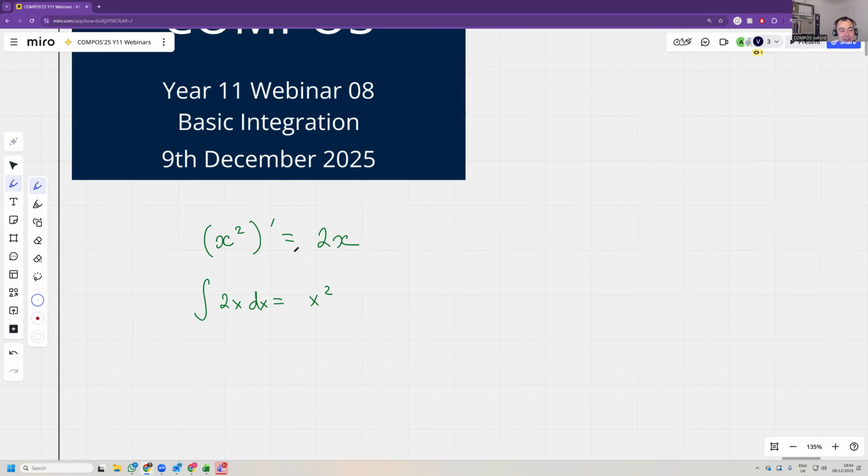But x squared is not the only function that has the derivative of 2x. For example, the derivative of x squared plus 3 is also 2x. And x squared plus 5 is also 2x.